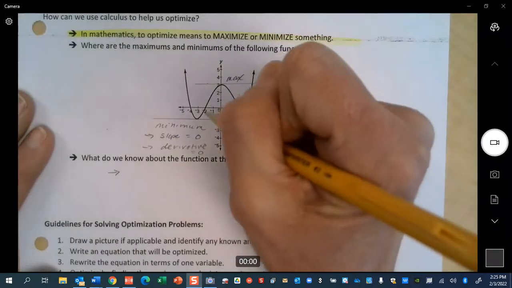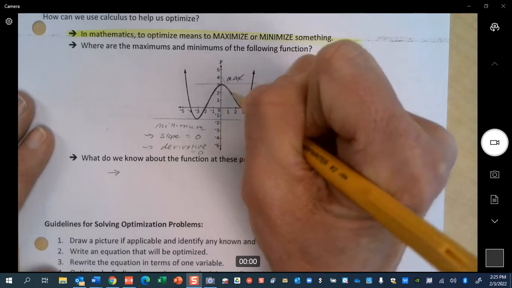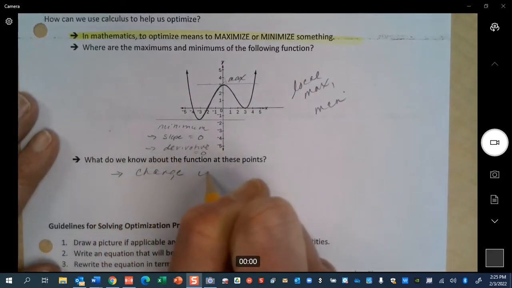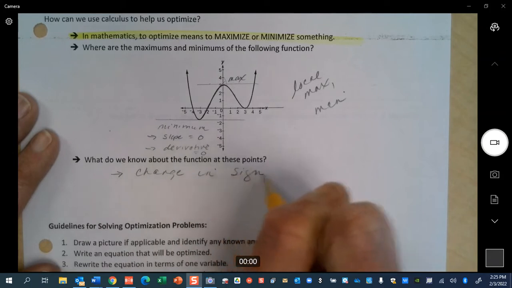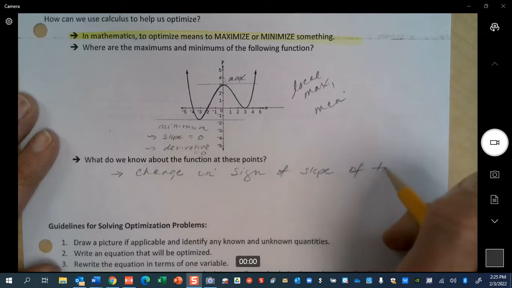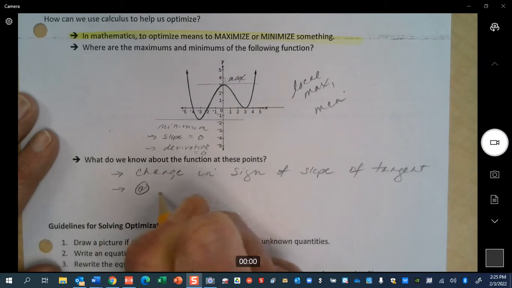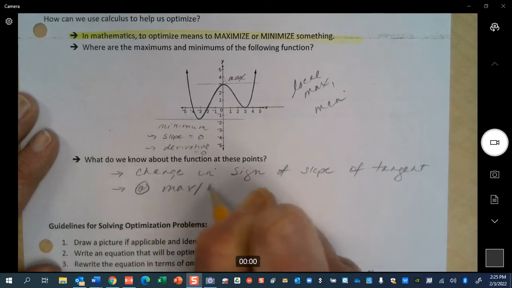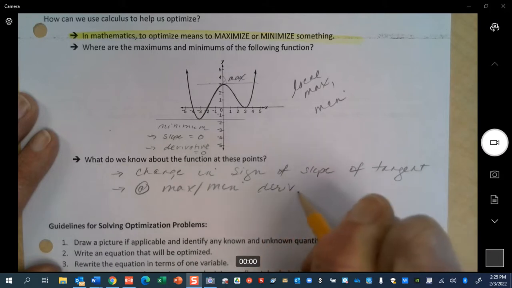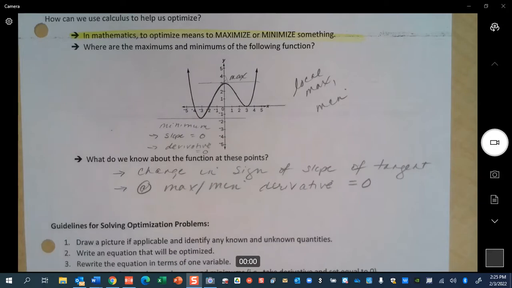At each of these points, I go from having a positive to a negative slope. So I have a change in the sign of the slope of my tangent. So I know that at the maximum or the minimum, that derivative is going to be equal to 0.